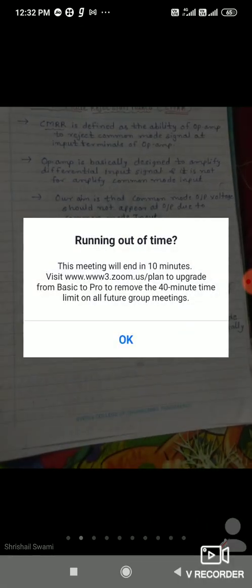The common mode gain is denoted as ACM. It should be practically very small, nearly equal to 0 volt. Ideally, ACM should be 0.